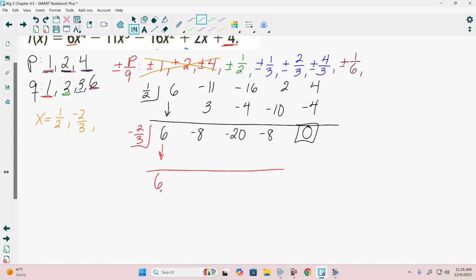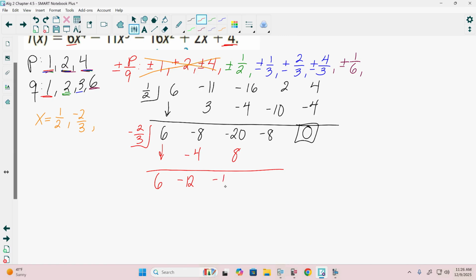Now we're going to do the same thing with negative 2/3. Negative 2/3 times 6 is going to be negative 4. Negative 8 plus negative 4 is negative 12. Negative 2/3 times negative 12, the negative and negative make a positive, and 2/3 times 12 gives us 8.